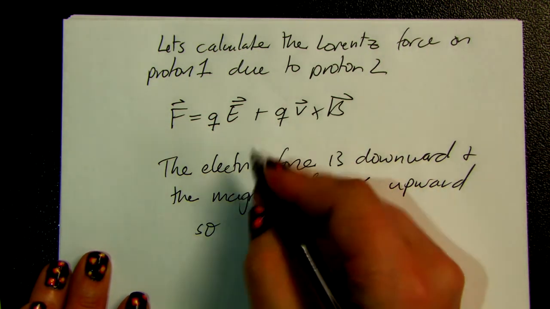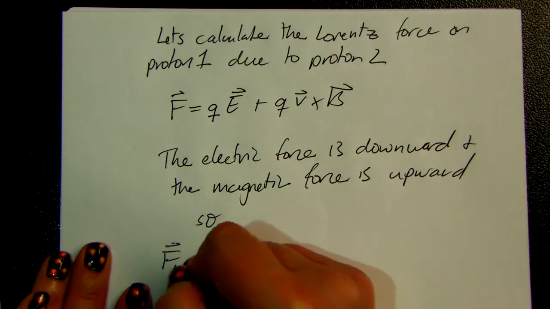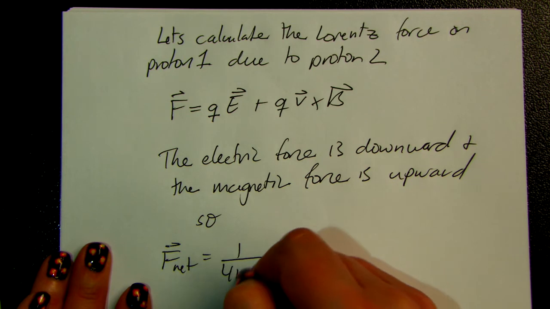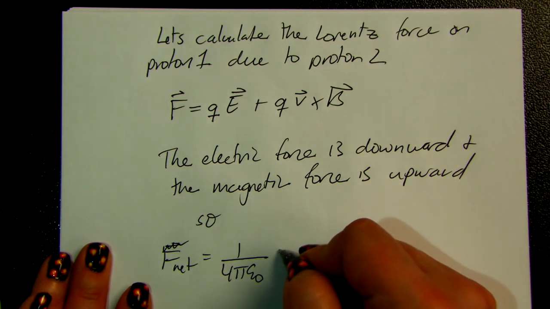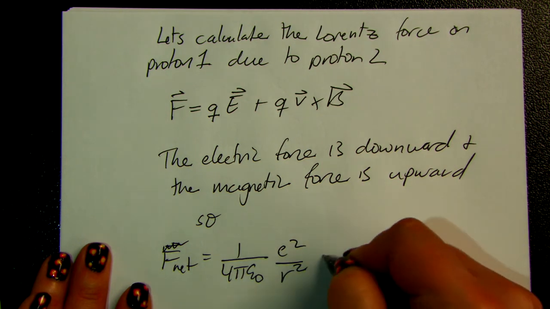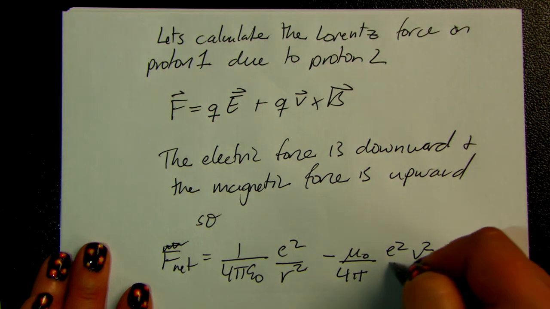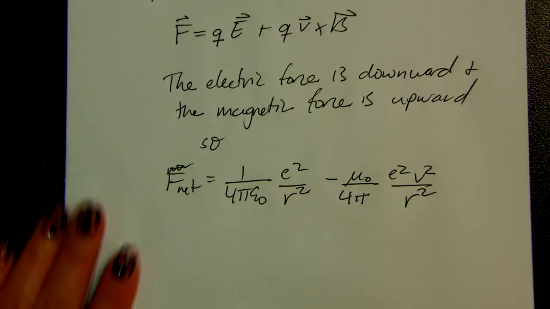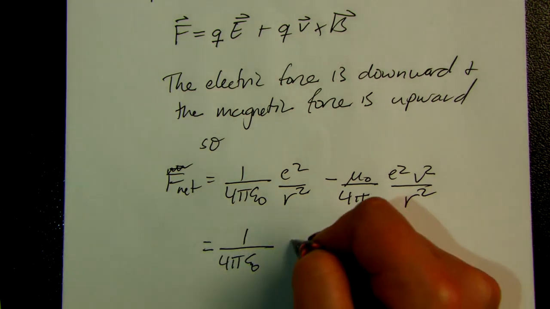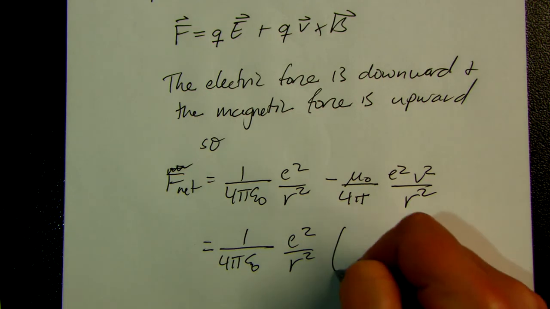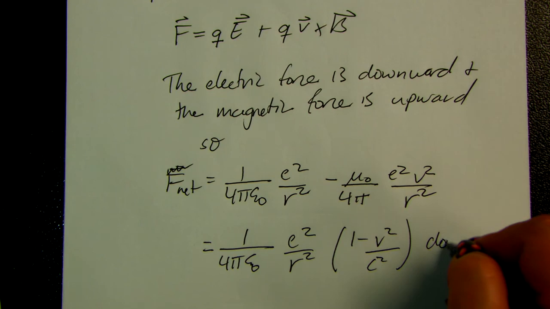So F net equals 1 over 4 pi epsilon naught, actually, there's E squared over R squared minus mu naught over 4 pi E squared V squared over R squared, and this is equal to 1 over 4 pi epsilon naught E squared over R squared times 1 minus V squared over C squared, downward.